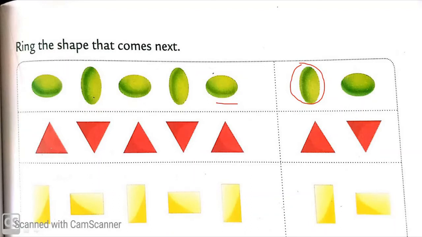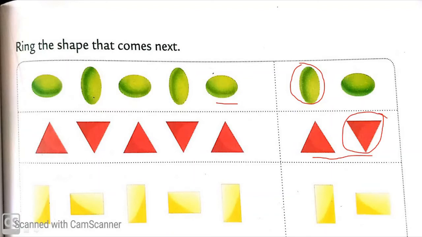Okay, look at the pattern of triangle. This is upside, downside, up, down, up. So among these two triangles, which will come? Yes, we have to ring around this.